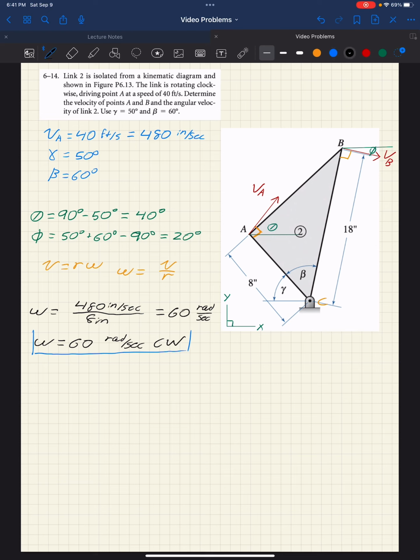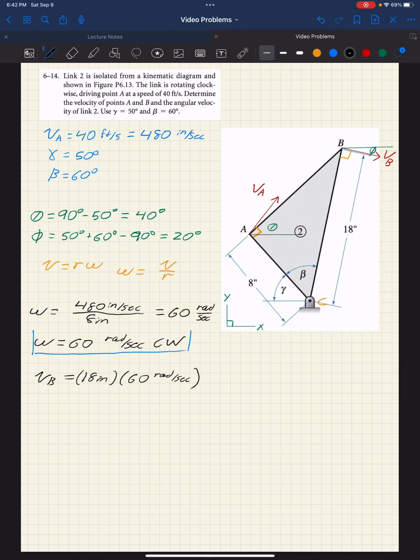So let's solve for VB. The magnitude of the velocity at B is equal to 18 inches multiplied by 60 radians per second, jumping back up to our V equals R omega equation. And now we're going to want this velocity in feet per second.